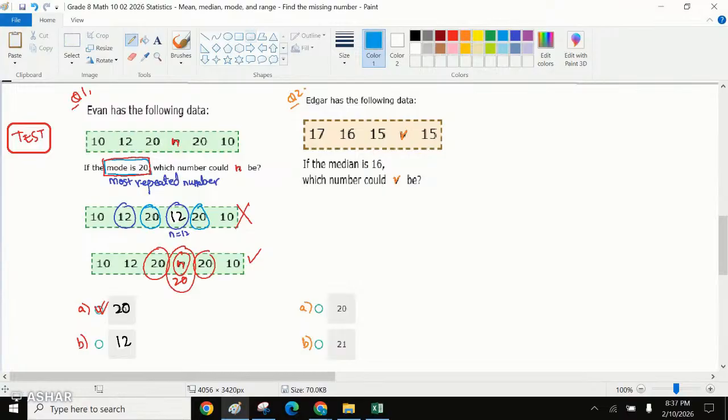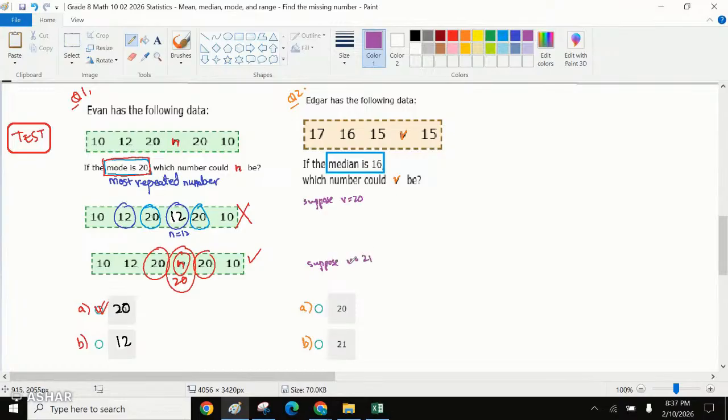Median. In case of median, we know that the numbers have to be arranged in ascending order, right? So let's suppose, I'll explain a bit. Suppose V equals 20, and we would suppose B equals 21.